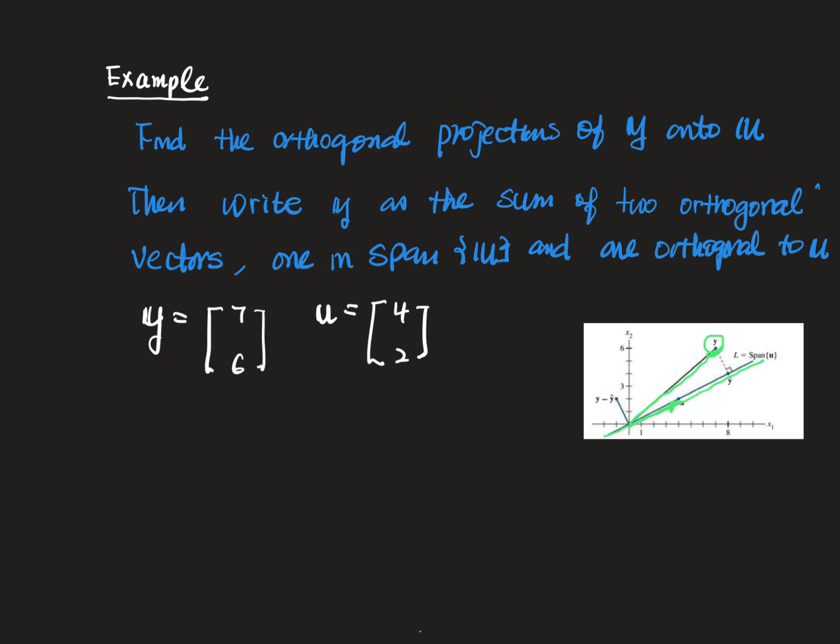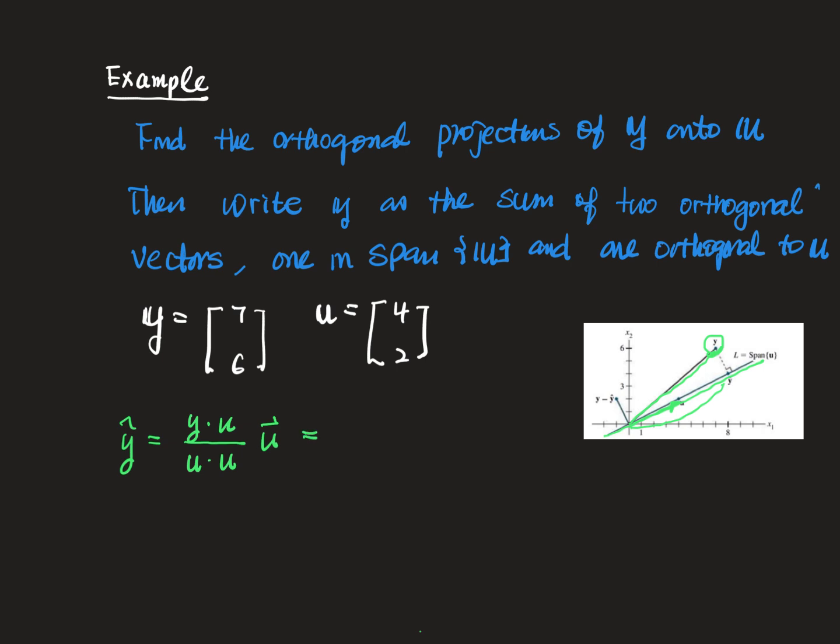So we have to find this length. So y hat, the projection of y onto the u vector, is this scalar value times the u vector. How do we find it? Y inner product u, over u inner product u, times the u vector. That's how you find the projection of y.